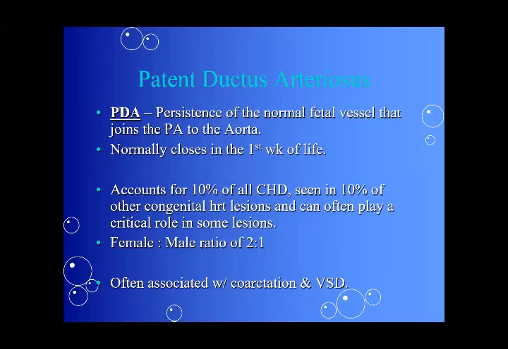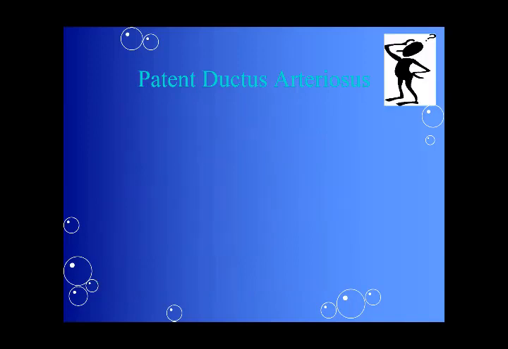It accounts for 10% of all congenital heart diseases and is seen in 10% as an isolated lesion, and 10% is present with other congenital heart diseases. The female to male ratio is 2 to 1. It is often seen with coarctation, most commonly coarctation of aorta and VSD.